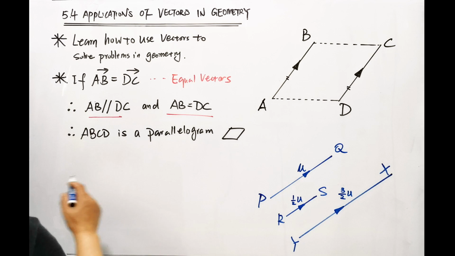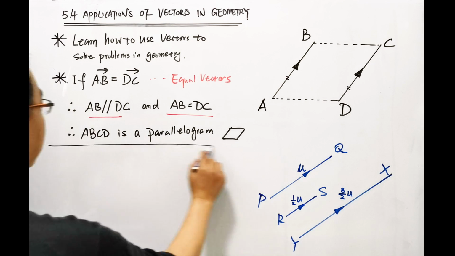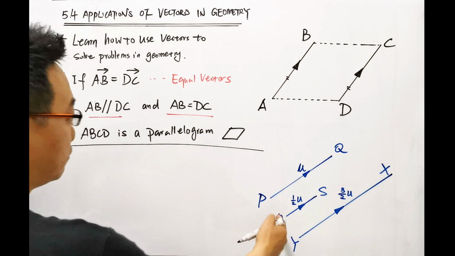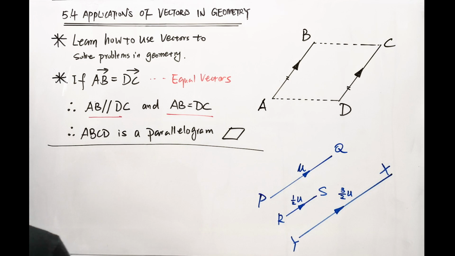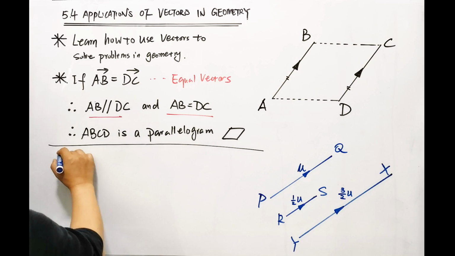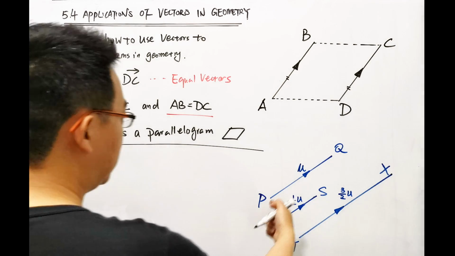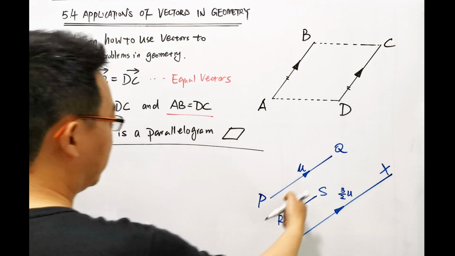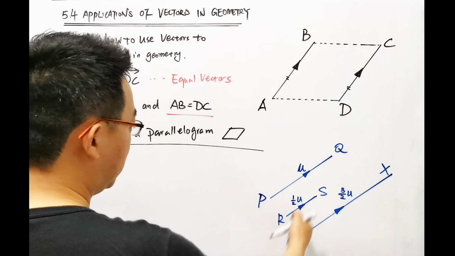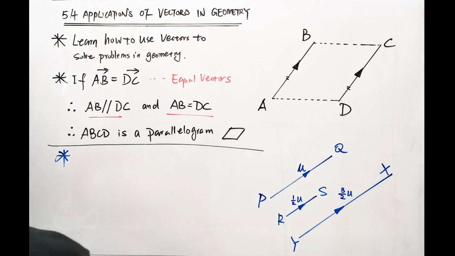Now let's look at the second one below. In this diagram, we will see three lines: PQ, RS, and XY. What are the relationships?